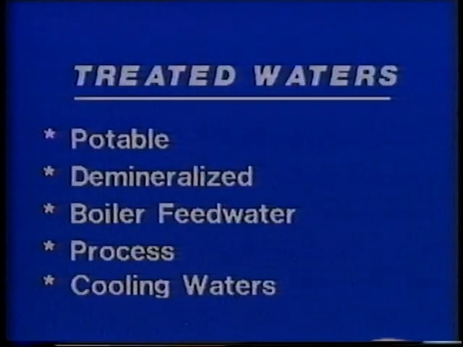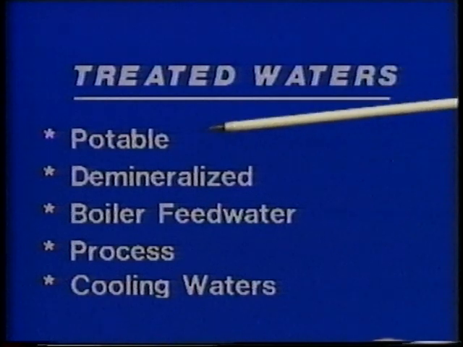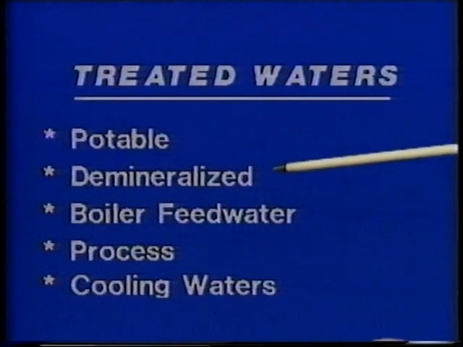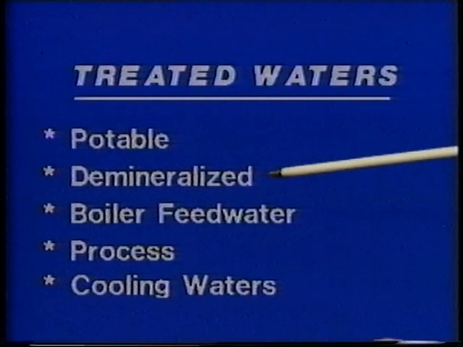The next set of discussion will refer to the potable waters, the treated waters, and this can go from the extreme of potable waters, drinking water essentially, that's pumped through our homes and places of work. Demineralized water is simply water where the solid constituents, the scale-forming constituents, have been removed or partially removed.